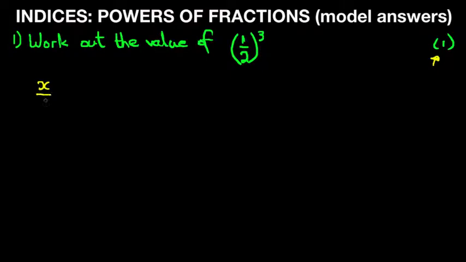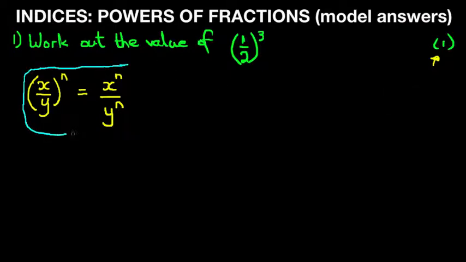X over y to the power of n. And what we did was we simply multiplied the bracket out. So we had x to the power of n over y to the power of n. And that is the formula for powers of fractions. And let's put a circle around this, or a ring around this.